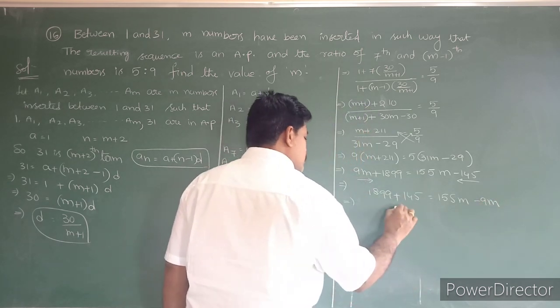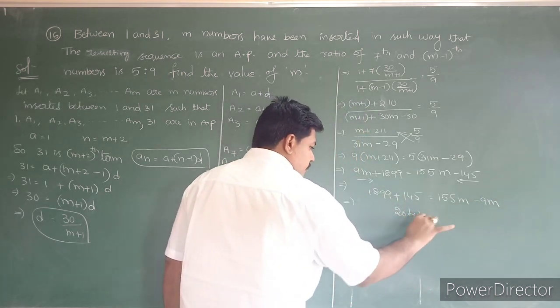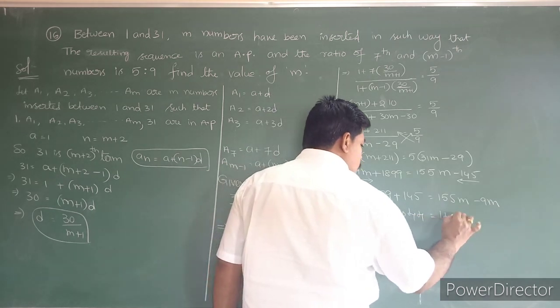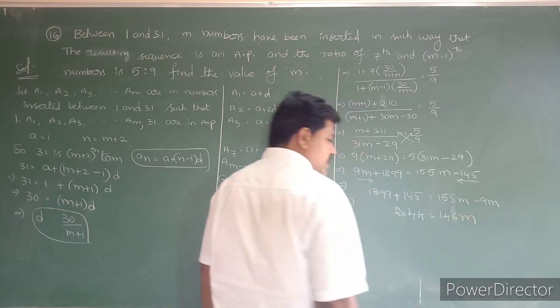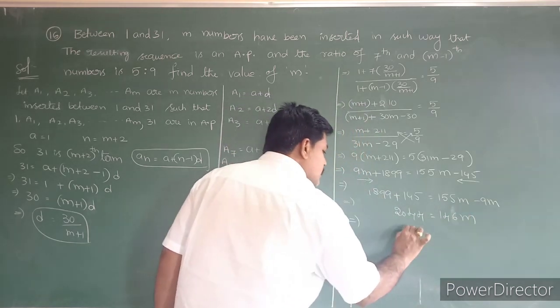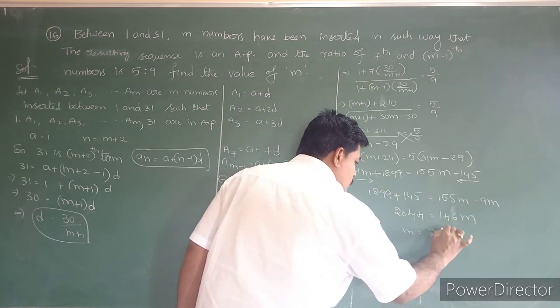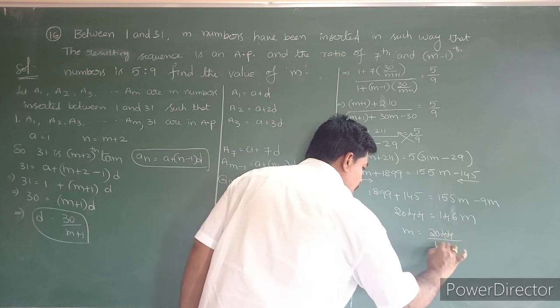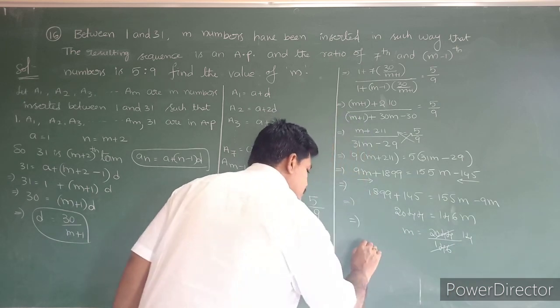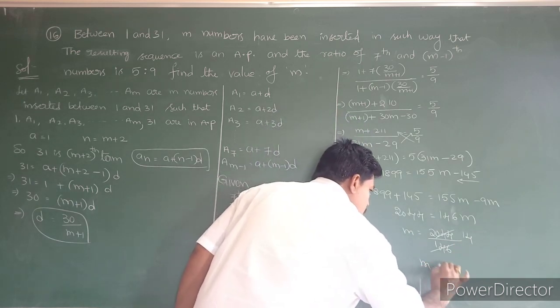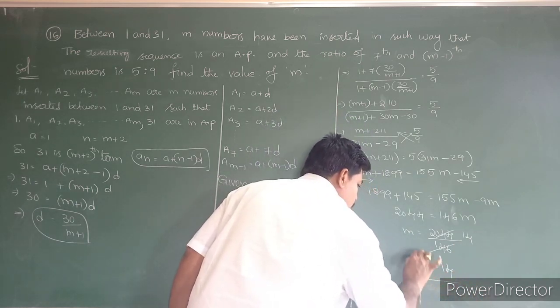So that implies 2044 is equal to 146m. So that implies m is equal to 2044 by 146. So we can cancel it. So that implies m is equal to 14.